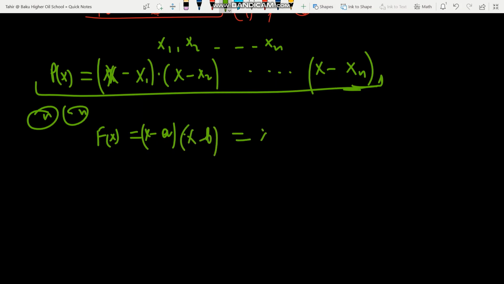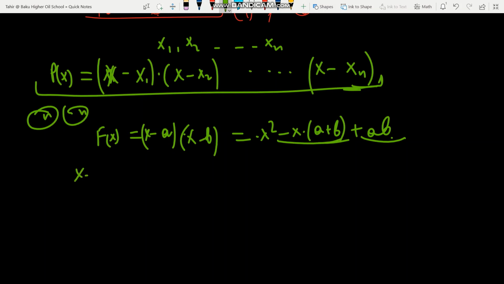And when we open the brackets, we get x squared minus x multiplied by (a plus b) plus ab. As you see, the sum of the roots is equal to minus this coefficient divided by this one, and the multiplication of them is equal to this term divided by the coefficient of the maximum order in our function.